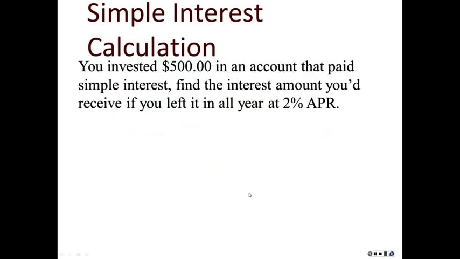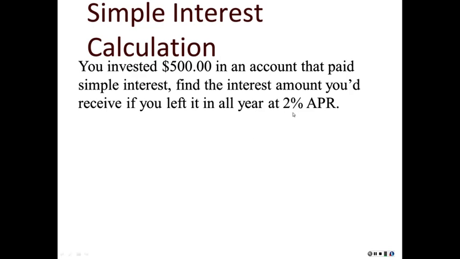So here's an example. Remember that our formula is the interest is equal to the principal times your rate times your time. Let's say that you invest $500 in an account that paid simple interest. You want to find the interest amount that you've received if you left it in all year long.